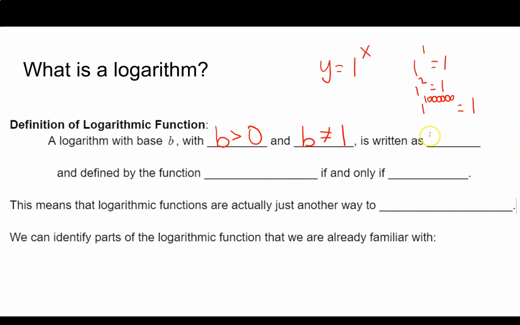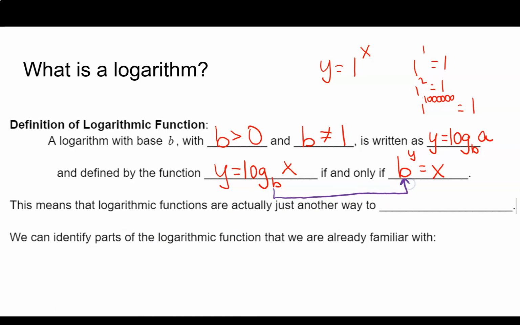The way we write this is y equals log base b of some argument a. We'd write this as the function y equals log base b of x, x just being the argument here, if and only if b to the y power equals x. Now, let's make some connections here. This can be really weird to look at, but just know that this little base b in the log is telling us the base number, the big number of an exponential.